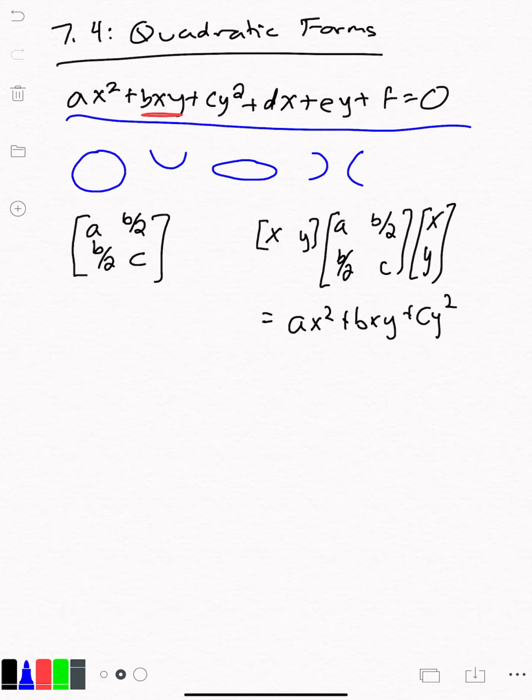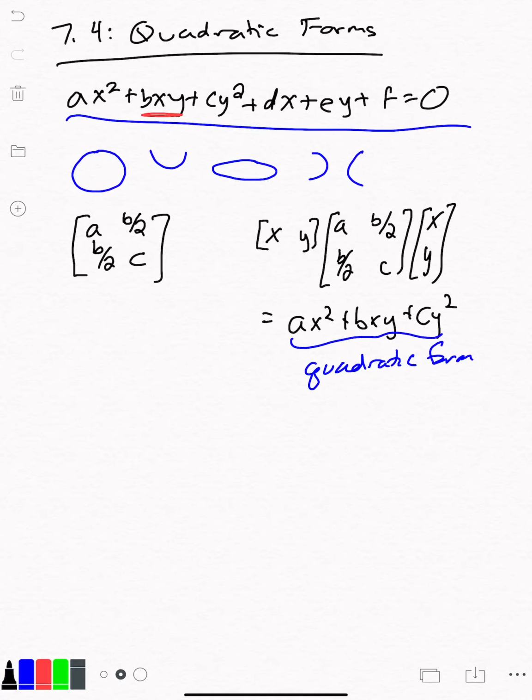That's the first terms in my quadratic equation, and this is what's called a quadratic form. Basically, this matrix here is going to encode all the information on the degree 2 terms in your problem.